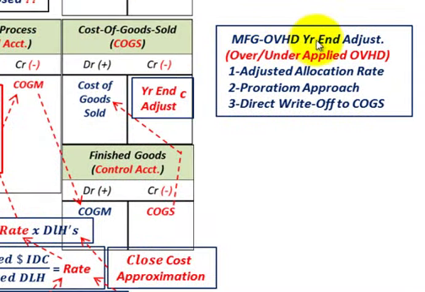Okay, so our manufacturing overhead year-end adjustment for over or under applied overhead, and we won't get into the details, but you've got really three different alternatives. You could use the adjusted allocation rate, either using a proration approach, or the direct write-off of cost of goods sold for any under or over applied overhead.